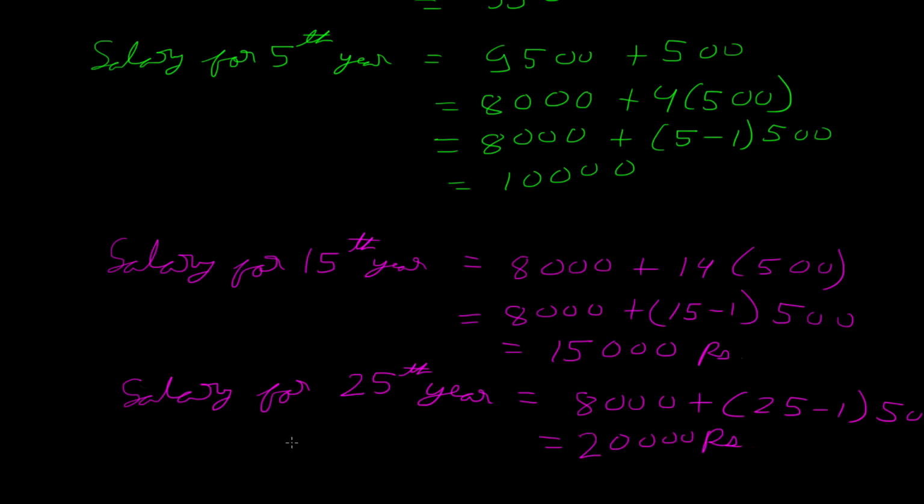So we see that there is a pattern arising here. Salary for the fifth year is 8,000, that is the starting salary, plus (5 minus 1) times the increment. For the 15th year, it is the starting salary plus (15 minus 1) times the increment.